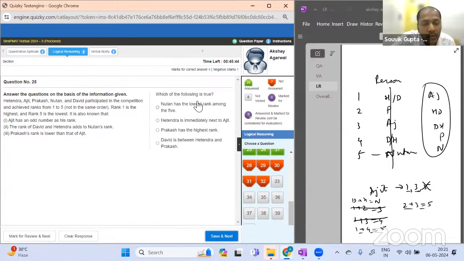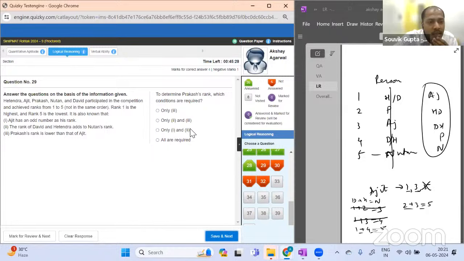Next, which of the following is true? Nutan has the lowest rank among the 5. Yes. Multiple answers not possible. Next, determine Prakash's rank. Which conditions are required? I had to use Ajit's rank: Ajit has odd, that was used.